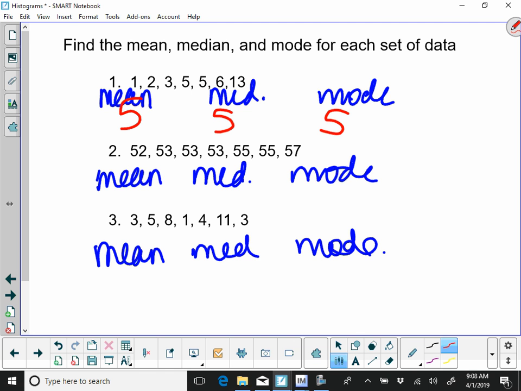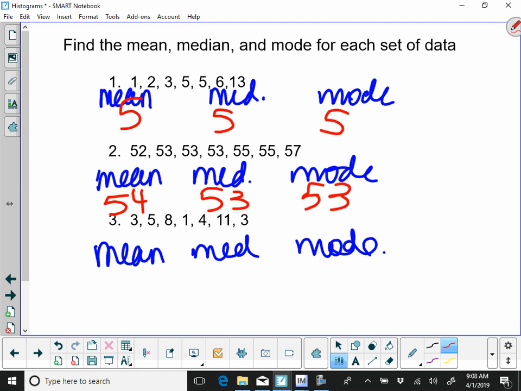Start with the second one for the mean. 54. 54, median, and mode. I got 52.